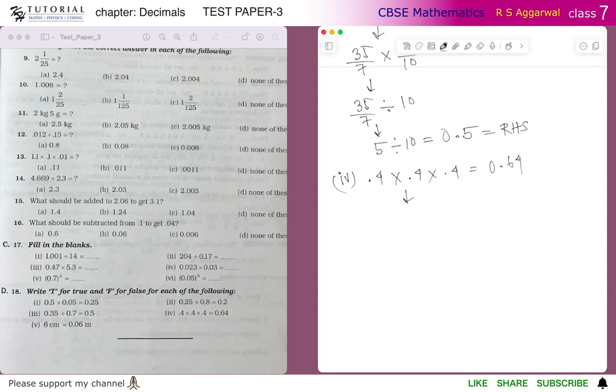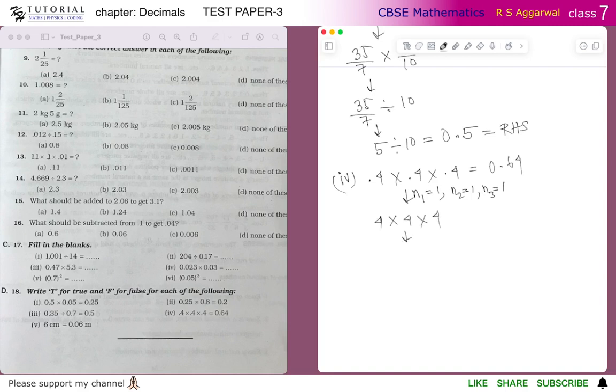So what we will do is we note down the decimal places of the decimal numbers. All will be 1. n1 equals 1, n2 equals 1, n3 equals 1. Now we do the product by considering the decimal numbers as whole numbers by omitting their decimal points. So this will be 4 into 4 into 4.